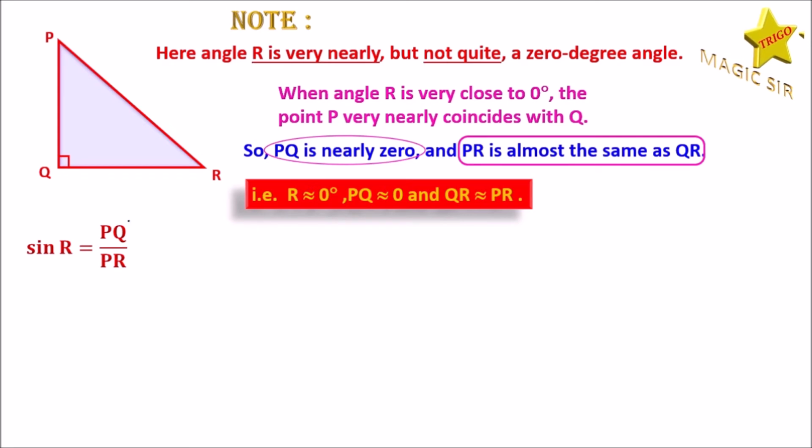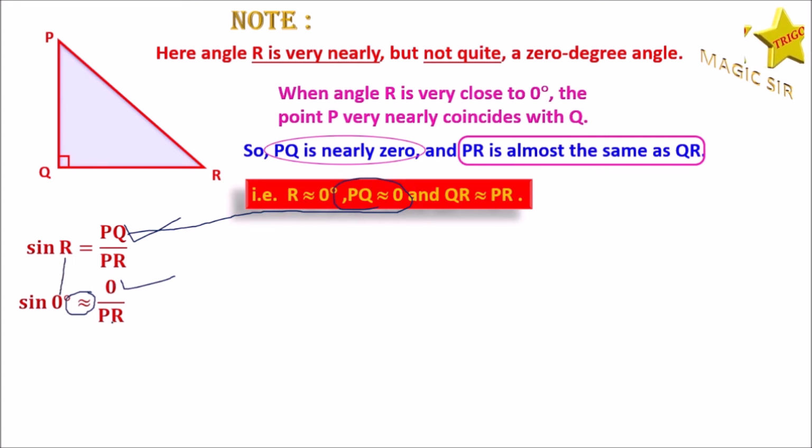Now by definition, sin R is equal to PQ upon PR. We put R approximately equal to 0, PQ approximately equal to 0. So sin 0 degree is approximately equal to 0 upon PR, and 0 upon PR is equal to 0.